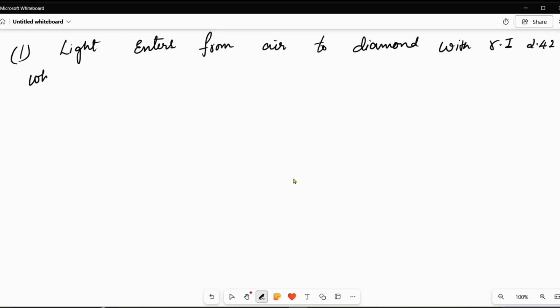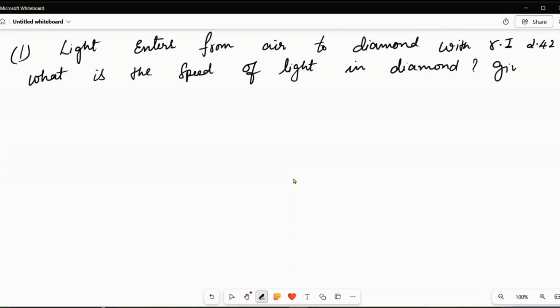What is the speed of light in diamond? Given speed of light in air is 3 into 10 to the power of 8 meters per second.